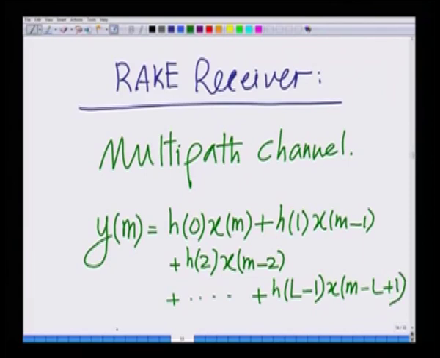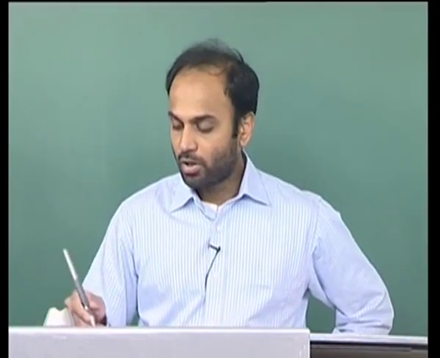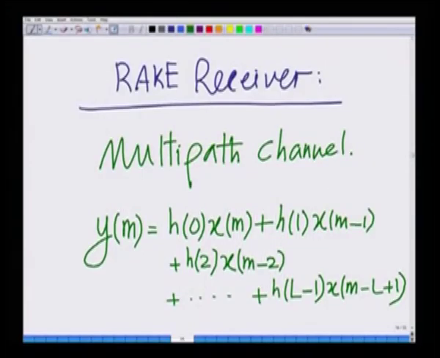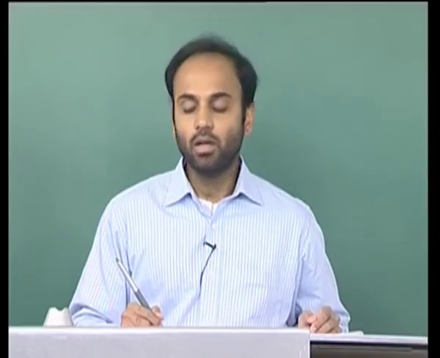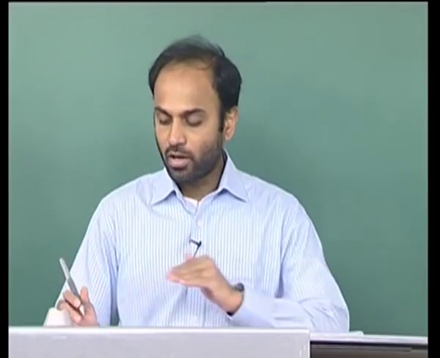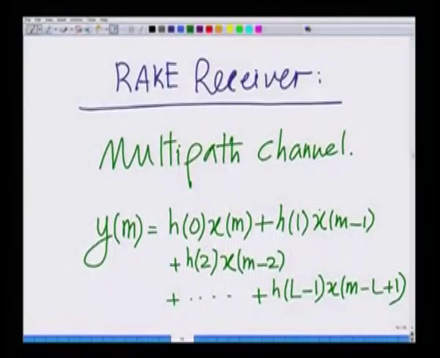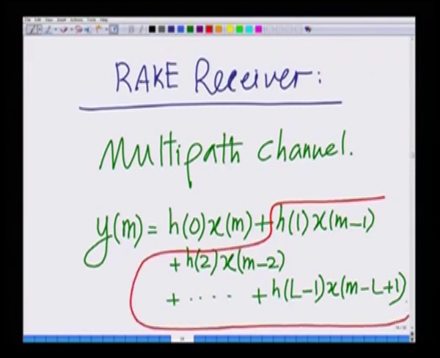First, why is this a multipath channel? Because look at this, there are multiple terms which correspond to multiple signal components arriving at the receiver. Now, forget the other part that I have over here. If this part did not exist, that is Ym equals only H0 xm, then this is nothing but a flat fading channel.